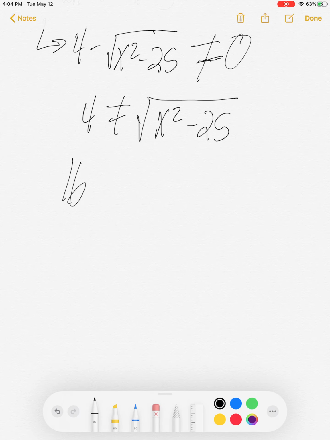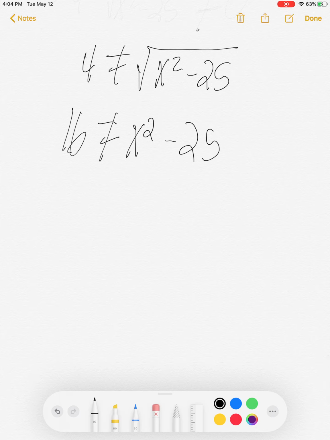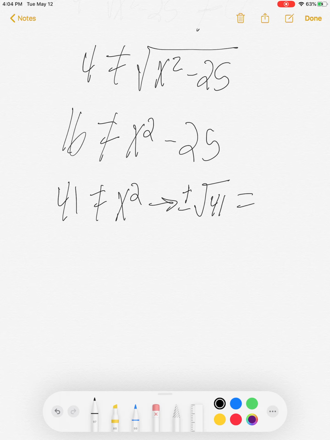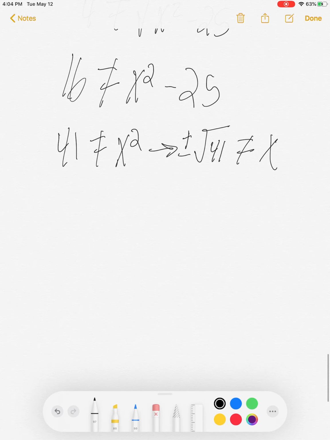If I square both sides, that means that 16 is not equal to x squared minus 25. And now if I add 25 to both sides, x squared is not equal to 41, which means that plus or minus root 41 is not equal to x.